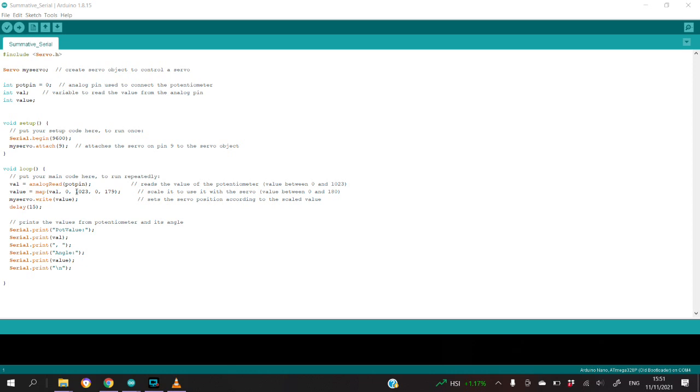First we print the label, which is the potentiometer value, and then the value from the potentiometer from 0 to 1023, and then a comma to separate the two, and then the angle, the scaled value from 0 to 179. And then the \n means to add it to a new line.